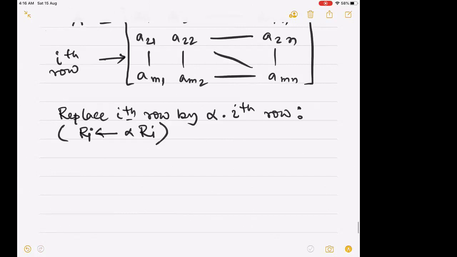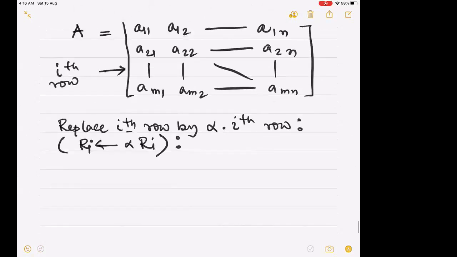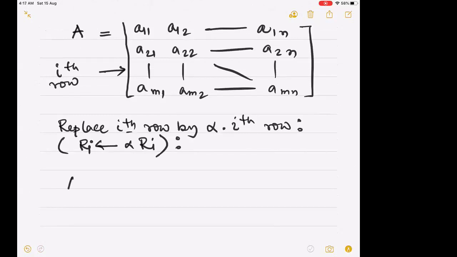What should that result in? That should result in some A hat.